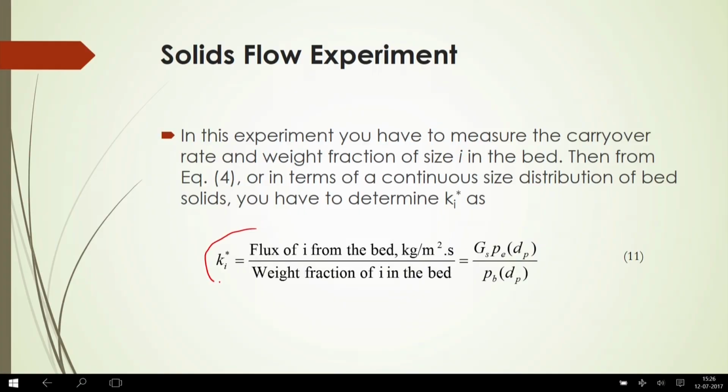Here K I star will be equal to the flux of I from the bed in kg per meter square second upon the weight fraction of the ith solid particles in the bed, which mathematically is G S into P into d P, the solid particle size distribution, divided by P B into d P, again the weight fraction of the bed represented by this distribution.